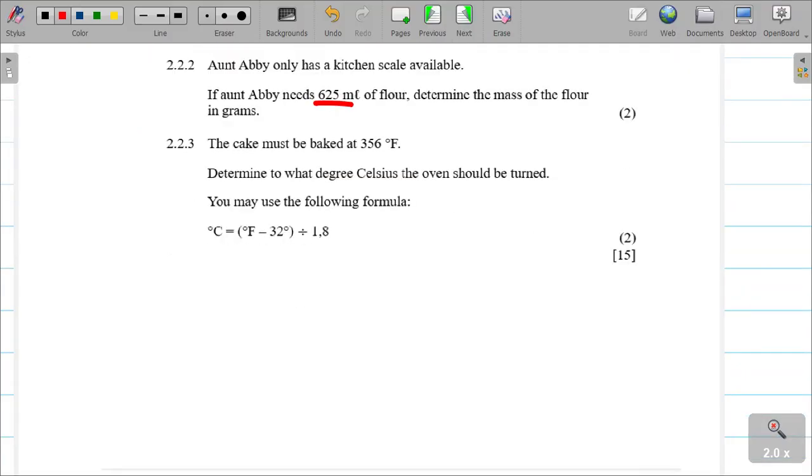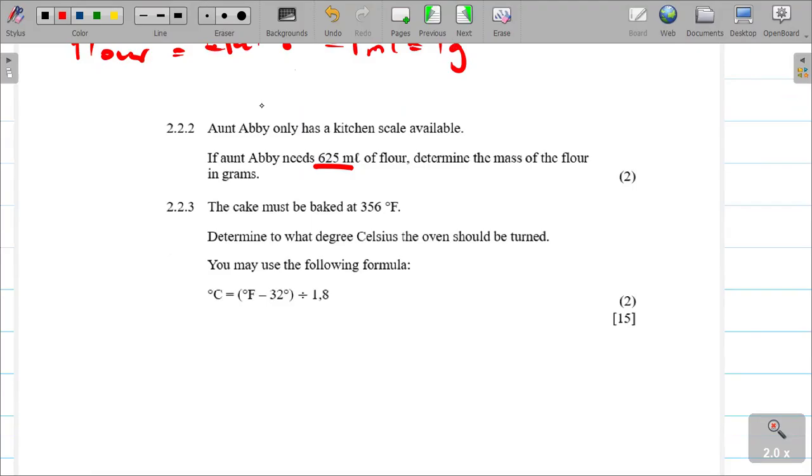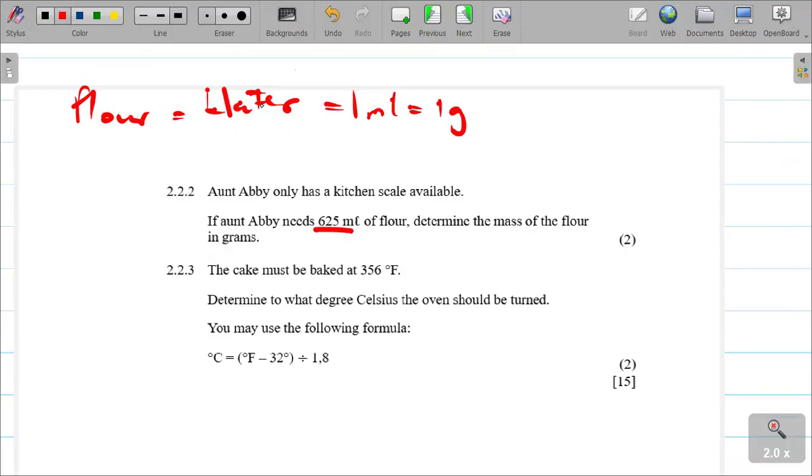In terms of this one, we are given that 1 milliliter is equal to 1 gram, so what we should do here is understand that we convert the volume to mass. Let's convert the volume to mass.